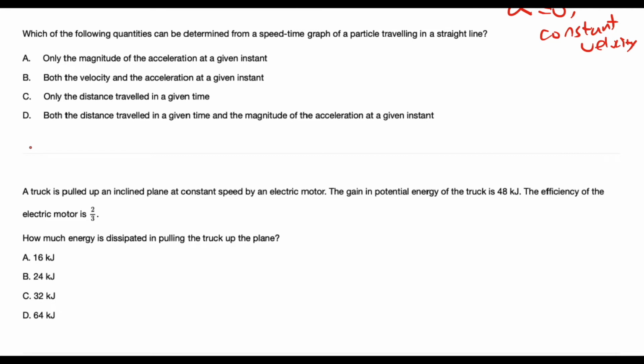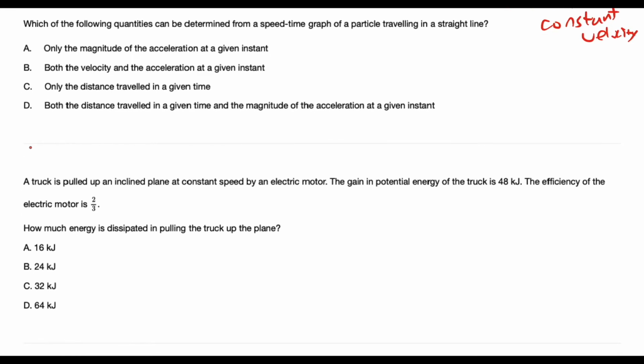Which of the following quantities can be determined from a speed-time graph of a particle traveling in a straight line? So, on a speed-time graph, we know that the gradient is going to be equal to the magnitude of acceleration, so the absolute value of acceleration.